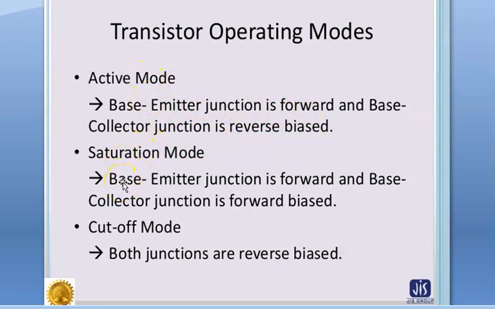When both the emitter junction and the collector junction are forward biased, that is known as saturation mode of operation. And when both junctions are reverse biased, that is known as cutoff mode. In the next lecture we will discuss different configurations of transistor connection and other things.